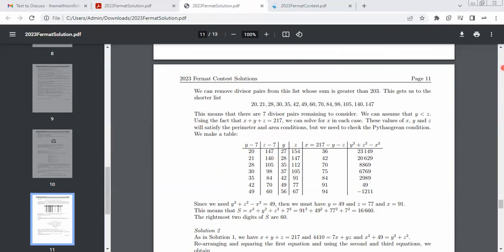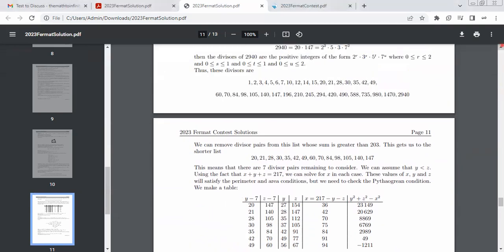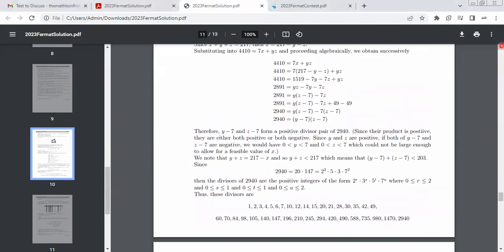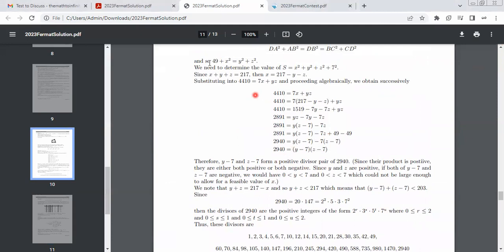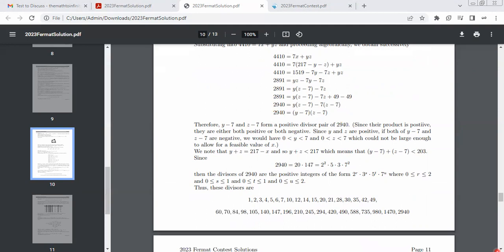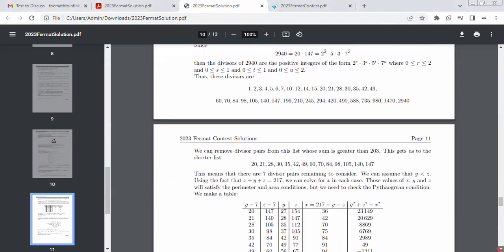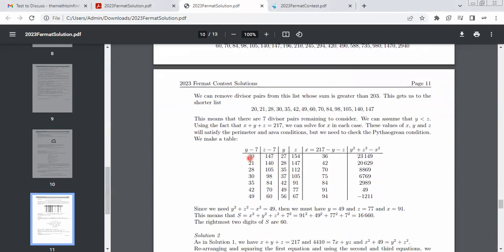What is their product? What is y minus 7 into z minus 7? It's 2940, isn't it? This is the condition. So when you multiply, you just have to check whether it results in 2940 or not. So what is 20 into 147? That would give you 2940. Do you understand?